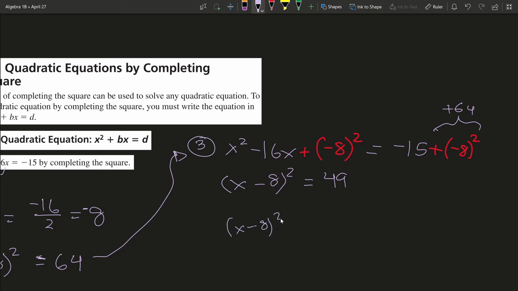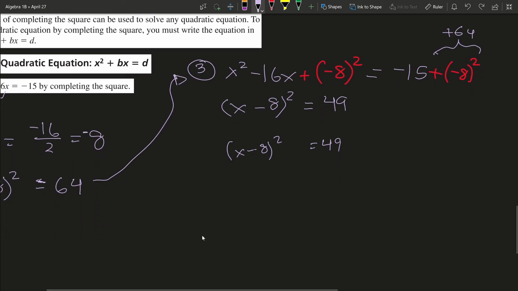So let's find the square root of both sides. Square root of x minus 8 to the power of 2 is just x minus 8. And then the square root of 49 is going to be positive or negative 7.